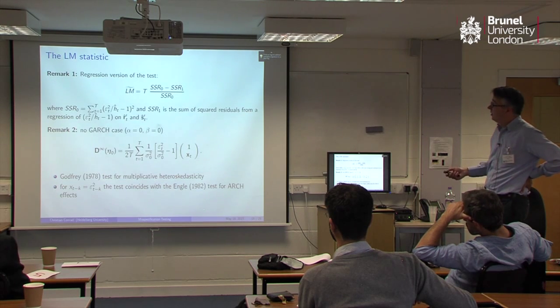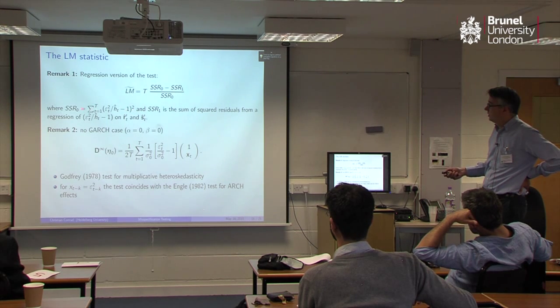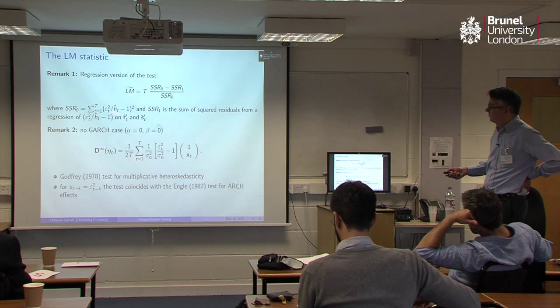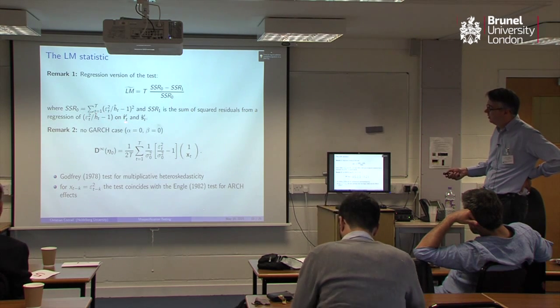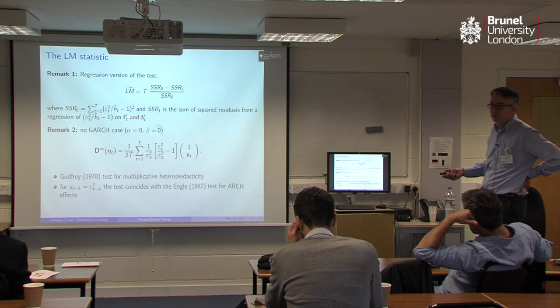You can obtain also a regression version of the test, which is simply like the SSR0 here is this sum, and then SSR1 comes from the sum of squared residuals from a regression of this on R and another quantity S here.